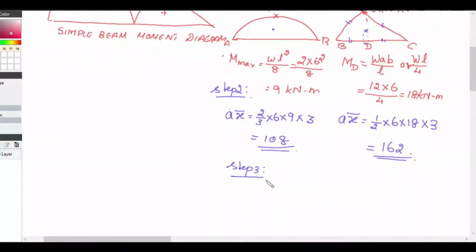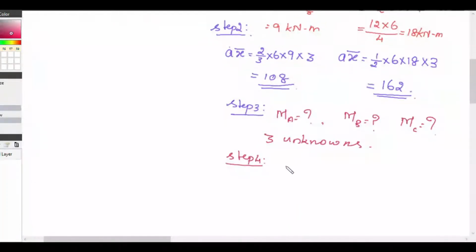So now our unknowns are MA, moment at A is unknown, moment at B is unknown, and moment at C is unknown. So totally three unknowns. So now we will move on to step 4. Our step 4 is we will apply the theorem of three moments.